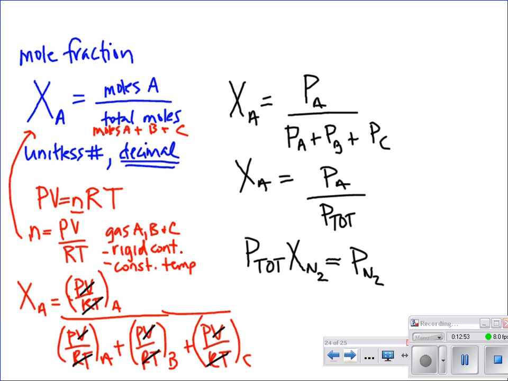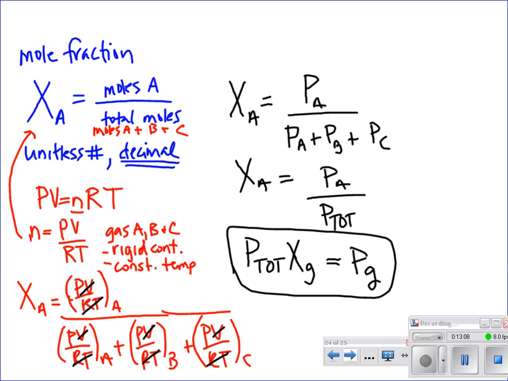And that's the same equation. I just rearranged it, okay? And I'm going to change this nitrogen to be any gas because we're really talking about any gas. So to find the actual partial pressure of any gas, you can take the total pressure of the room and multiply it by that particular gas's mole fraction, and you will actually get the partial pressure of that gas.